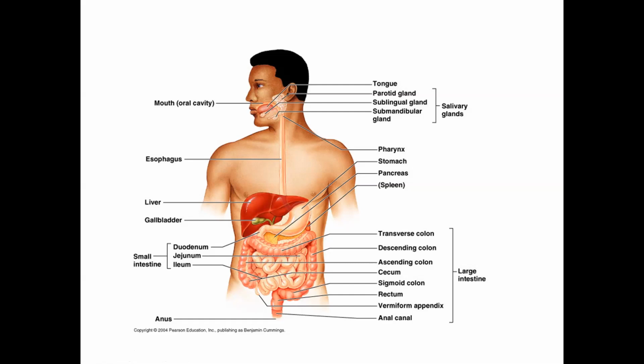If you put your 10 fingers together, that's about the length of the duodenum. The next part connected to the duodenum is called the jejunum. That's pretty long. And then the ileum is connected to the jejunum.